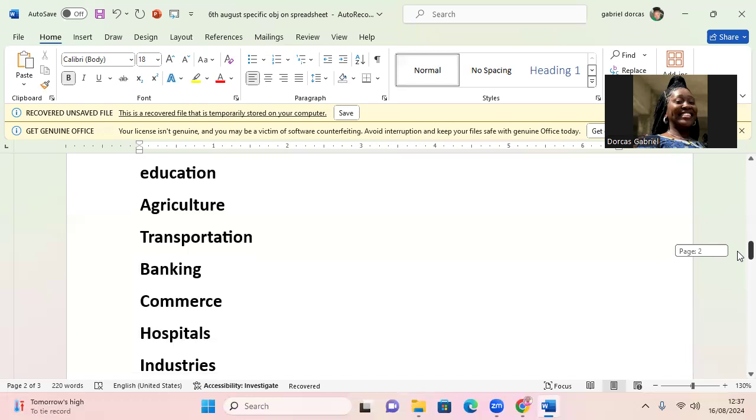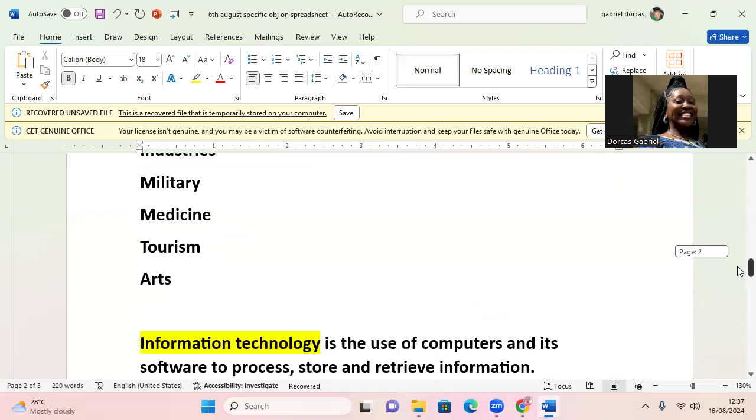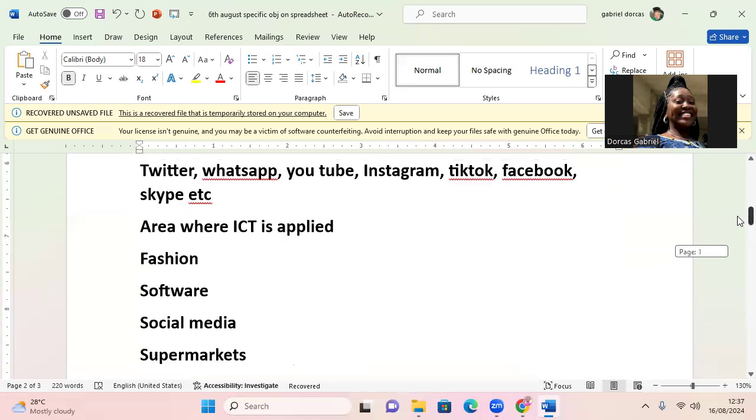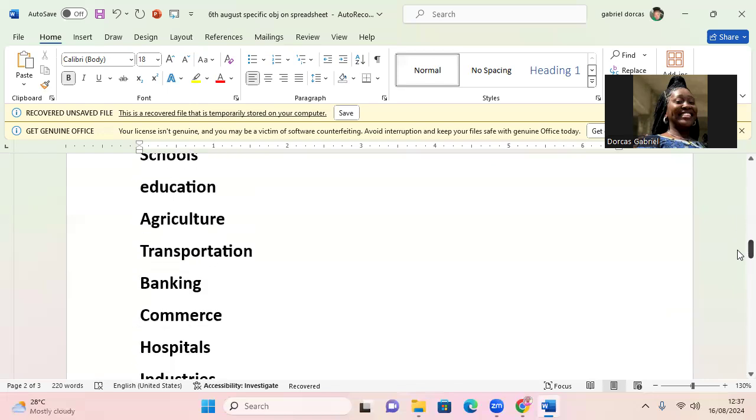Also, you have transportation now. You have GPS, global positioning system, and you also have the vehicle monitoring system. All these are equipment that helps. The vehicle monitoring system helps in tracking your vehicle, to know how safe it is, where your vehicle is at every point in time.